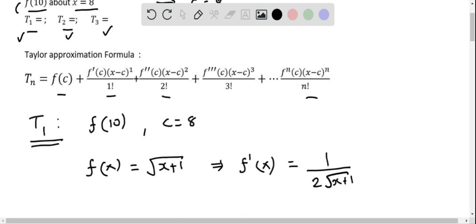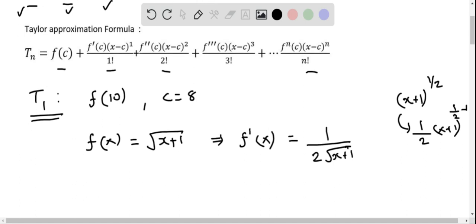You can consider square root of x plus 1 as x plus 1 raised to the power of 1 by 2, and when you apply the power rule of differentiation, you put the power in front and reduce the power by 1. So this will give you 1 by 2 minus 1, which is basically negative 1 by 2, which I have put in the denominator as square root of x plus 1. This is f prime of x.